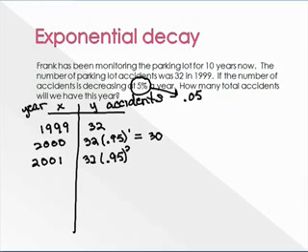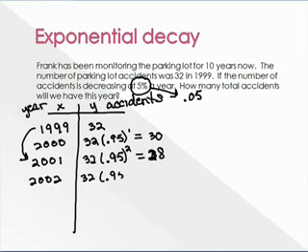So we're taking it times 0.95, or 95%, twice in a row to get 2 years beyond 1999. And if I round, I get about 28 accidents. Okay, 2002. I'm taking that last value, which we got by taking 32 times 0.95 to the second, and I multiply it times 0.95 again. And that is approximately 27.